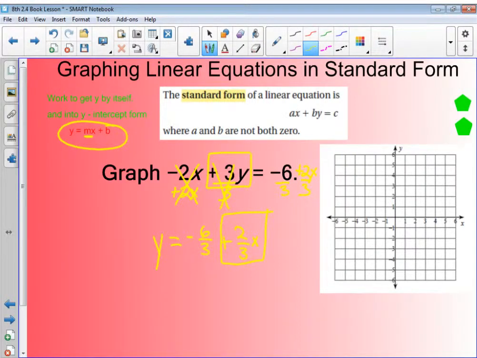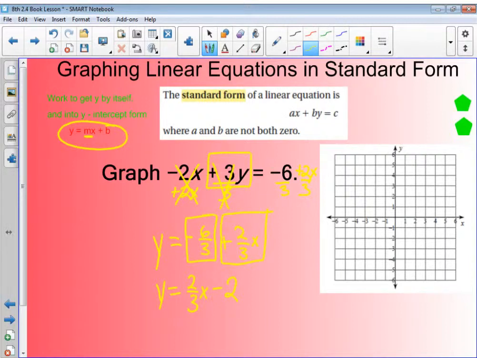So if I rewrite this, we have y equals 2 over 3x, and that was positive, so I don't have to put a symbol in front. And then I'm going to reduce this down. What would that reduce down to? Well, 6 divided by 3 is 2, and we have a negative sign, so it's going to be minus 2. There's my y-intercept.